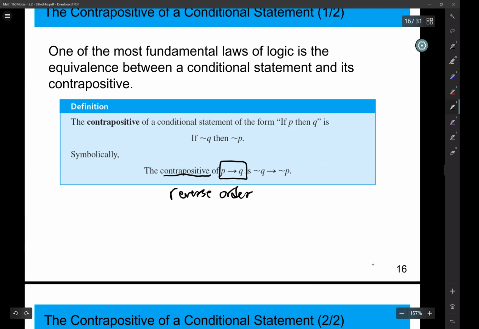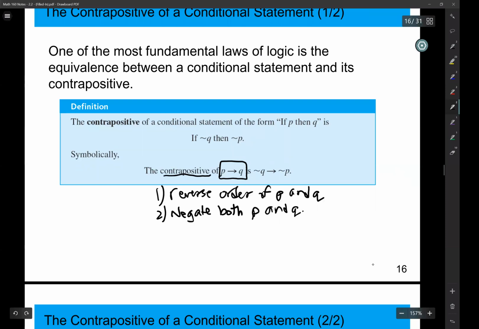So the conclusion becomes a hypothesis and vice versa. And you negate both P and Q. So reverse the order of P and Q and negate both P and Q.